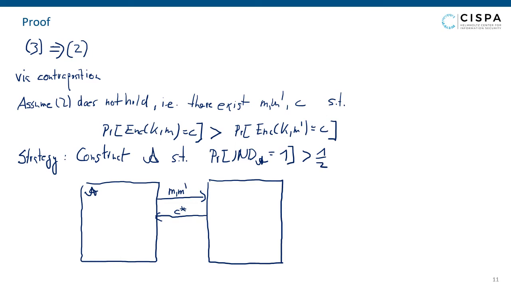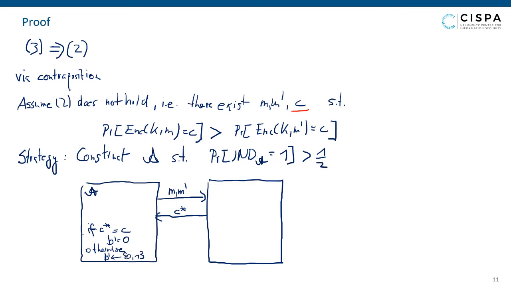Now my adversary does the following once it gets this challenge ciphertext. If this challenge ciphertext is the same as this C up here, again, whose existence was just given to us, then it will guess B prime equals 0. Otherwise, if the challenge ciphertext is anything else, it will just choose B prime uniformly at random.